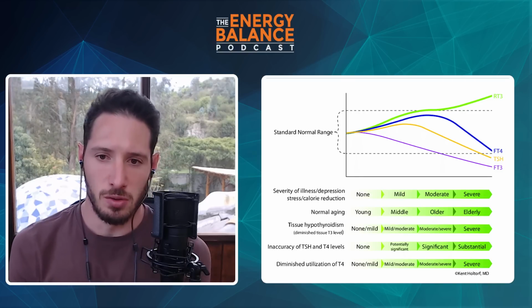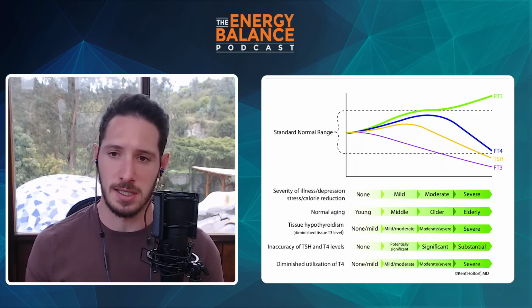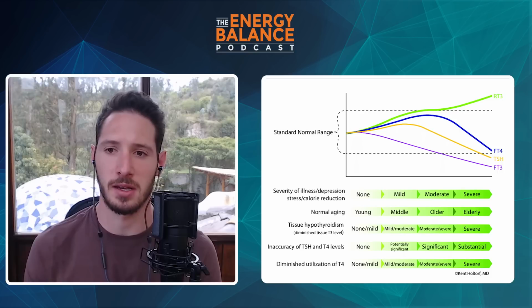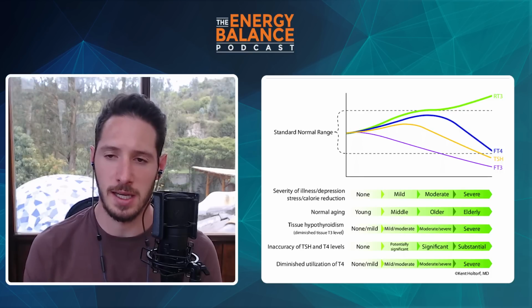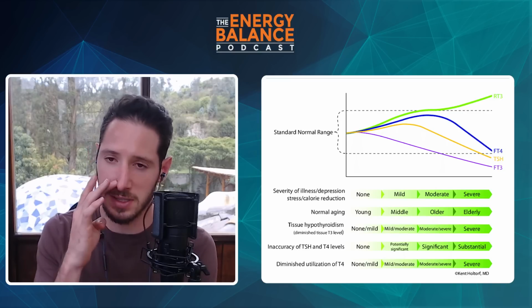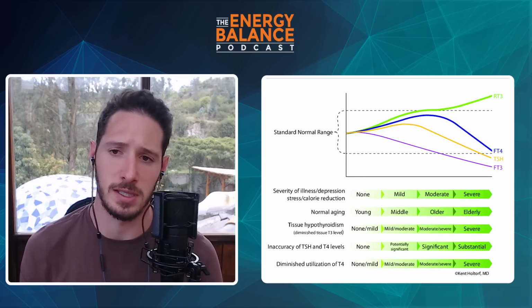But as we shift into stress and dysfunction and hypothyroidism, initially we have increases in TSH, but because the stress inhibits the conversion from T4 to T3, the T3 doesn't effectively come up and the reverse T3 increases. So in this presentation, we're seeing increases in TSH along with increases in T4, increases in reverse T3, and reductions in free T3.